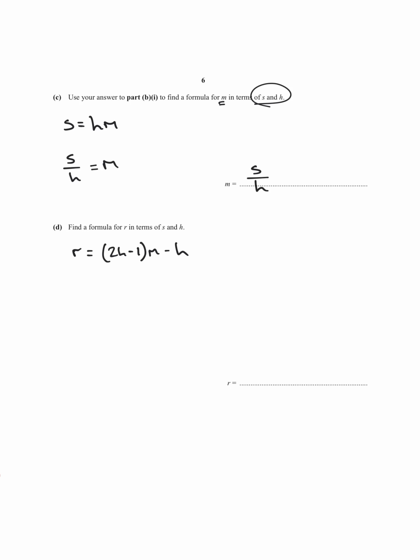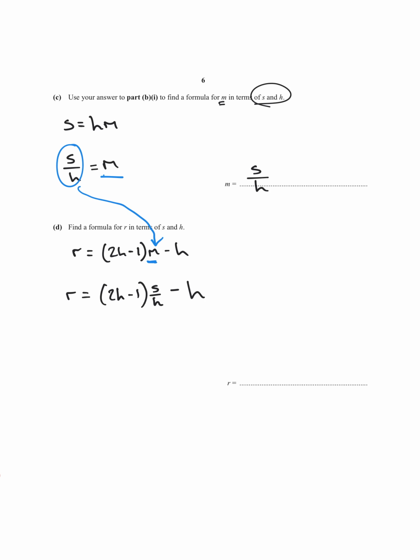Okay, so this is leading us into it. We're going to have to do a substitution. So effectively, what we're saying is if these two things are equal, we can make a little substitution for that into here. So what I'll do is write that out again. It's going to be r equals 2h minus 1 multiplied by s over h, take away the h.